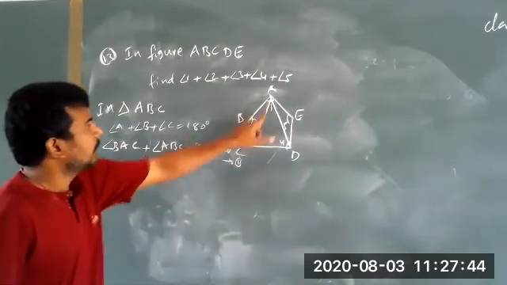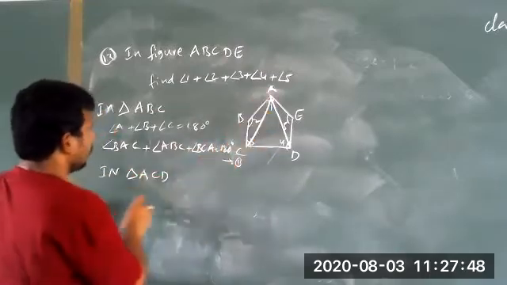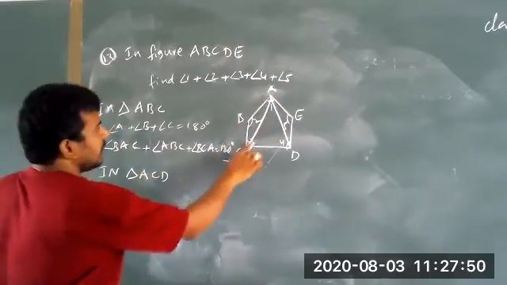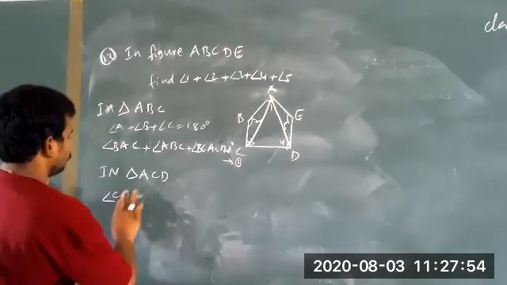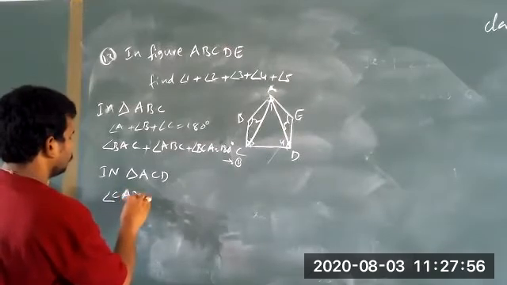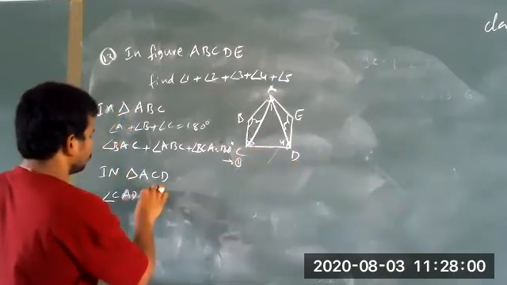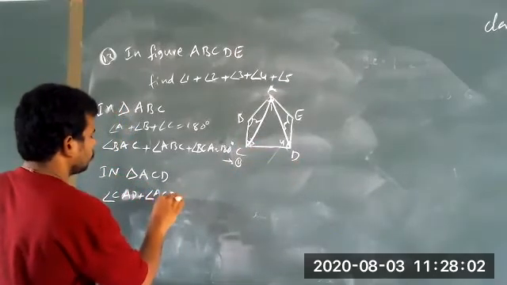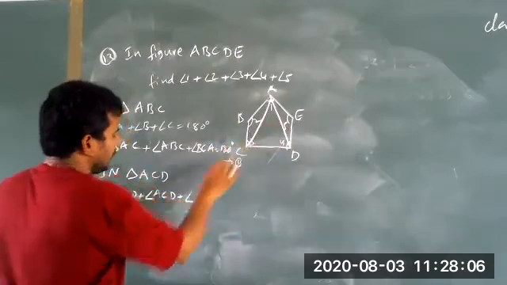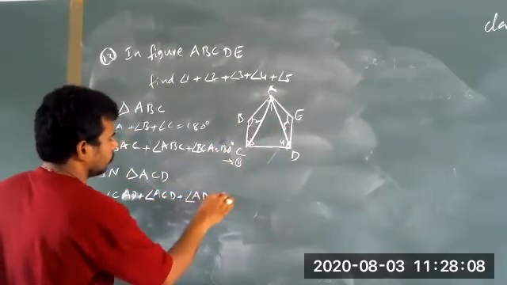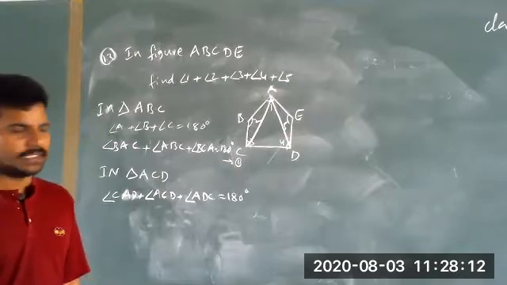In triangle ACD, angle CAD plus angle ACD plus angle ADC equals 180 degrees. Clear, children?